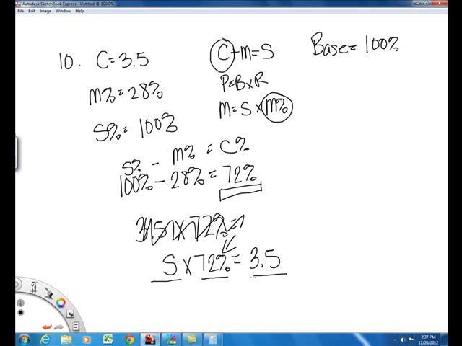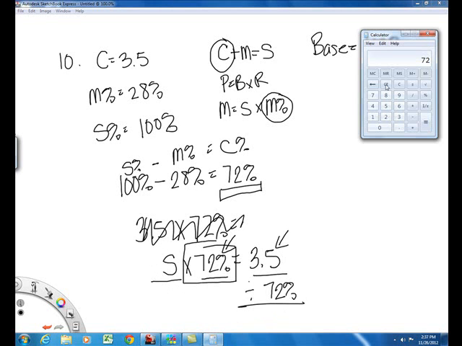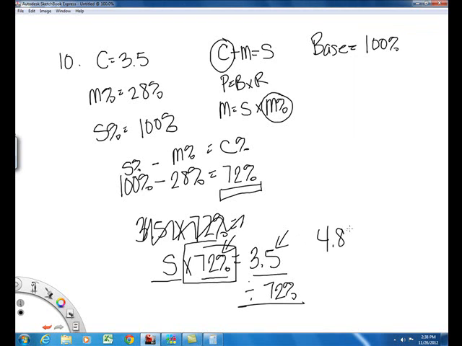And I've got my cost percent and I've got my cost. So now all I have to do is solve for my selling price. It's currently being multiplied, so to bring it across, I will divide. So 3.5 divided by 0.72 gives me $4.86 is my selling price.